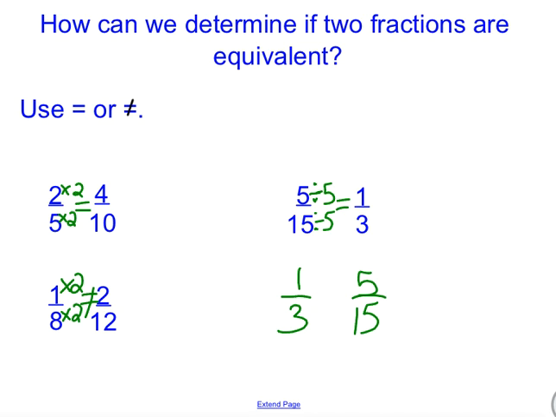So you actually have to think, 1 times what number will give me 5? And 1 times 5 is 5. So if I multiply the numerator by 5, I have to multiply the denominator by 5, and 3 times 5 is 15. So yes, this is equal, okay?